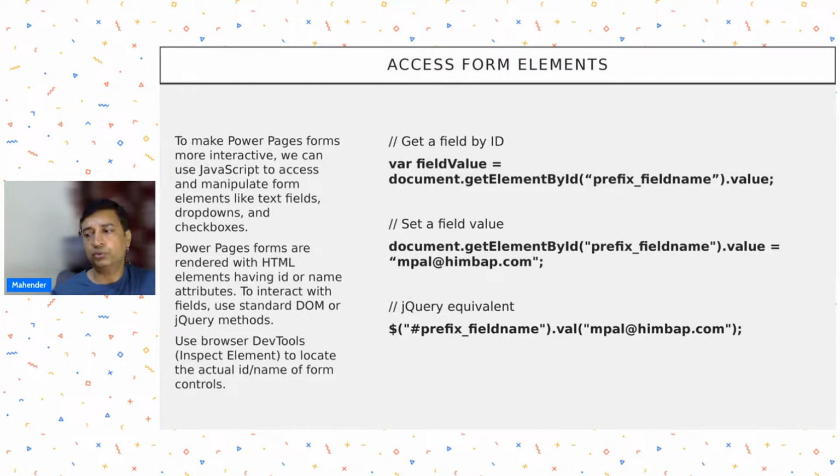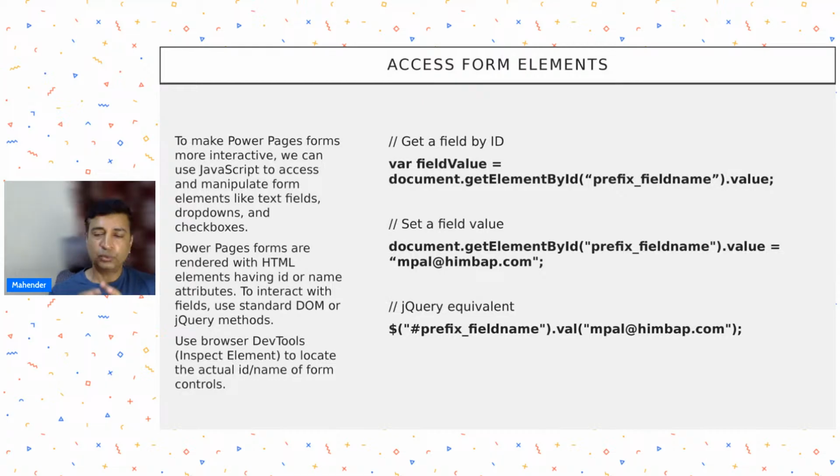For example, let's say I have some email field. Under the email field, first I'm reading it, and then I'm setting some email ID, so we can use it like this. This is a standard JavaScript way of accessing elements.